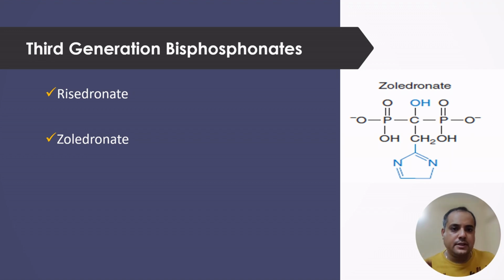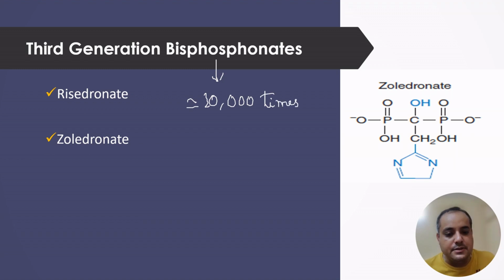Now moving on to the third generation of bisphosphonates. The third generation will be the one which is maximally potent. In fact, third generation bisphosphonates are up to 10,000 times more potent than the first generation bisphosphonates. Also, the structure will be more complicated than the second generation ones.